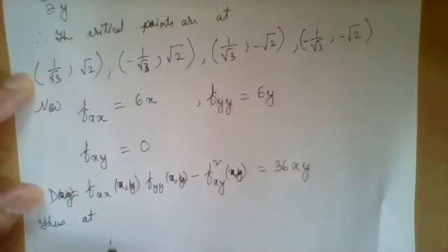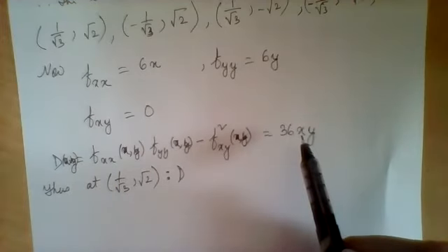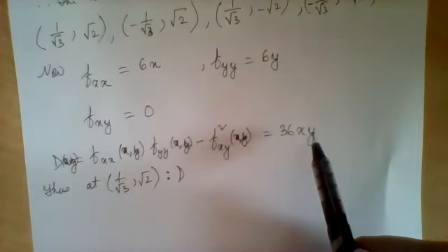At this critical point we change the D value. x is replaced by a, y is replaced by b. So this will be x equal to 1 by root 3, y equal to root 2.